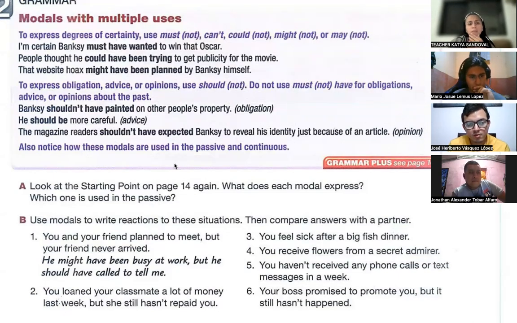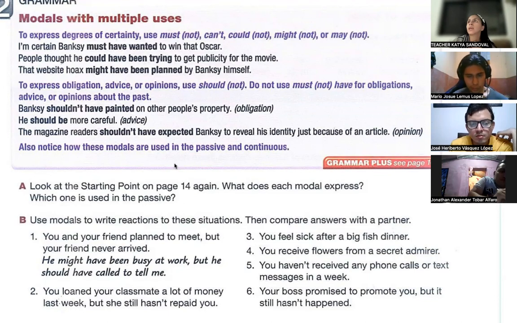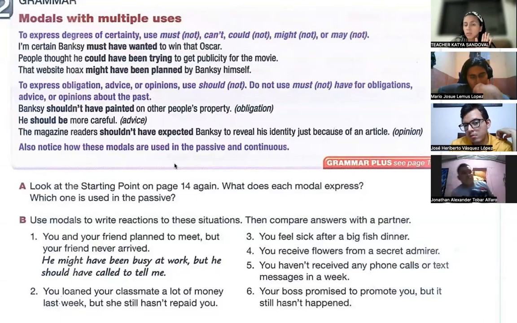If you want to give an advice, you can say, well, she should be more responsible. I would say that because that situation talks about you and it means that you are not responsible with your obligations. She should be more responsible, okay, with that situation.